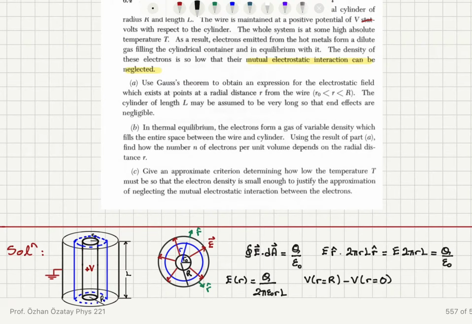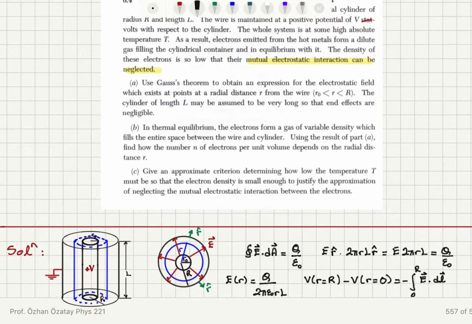The inside cylinder is an equipotential surface, so I can take it at the center. So this is minus the integral from 0 to capital R E dot dl.